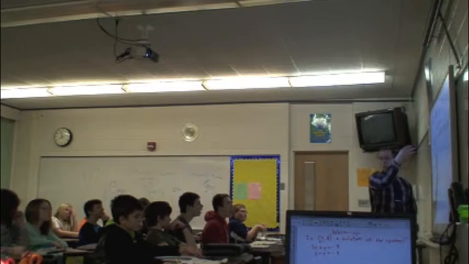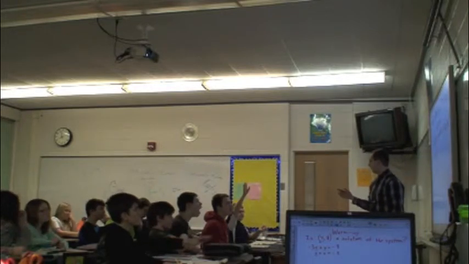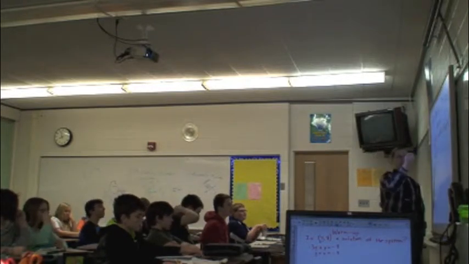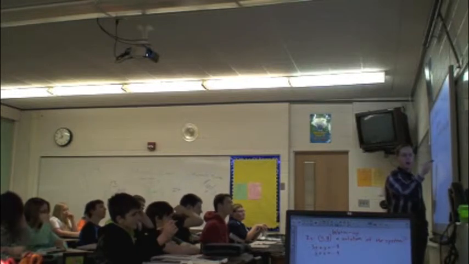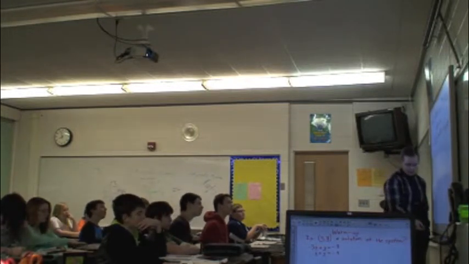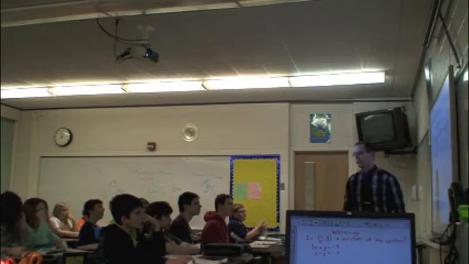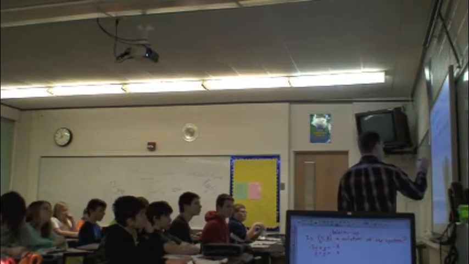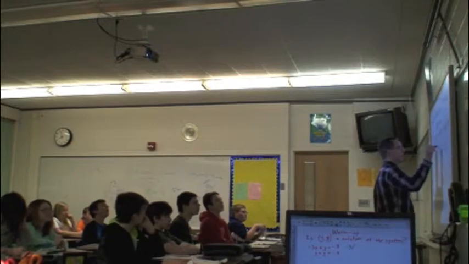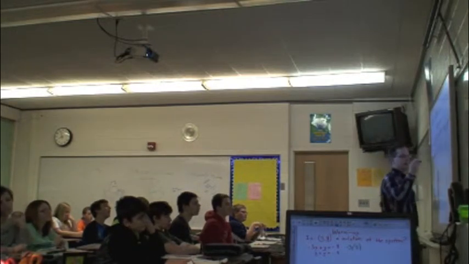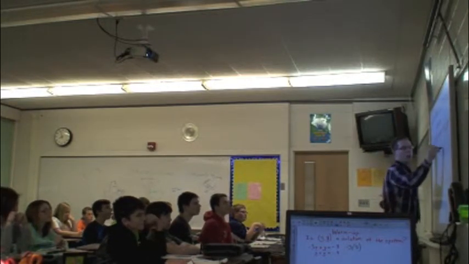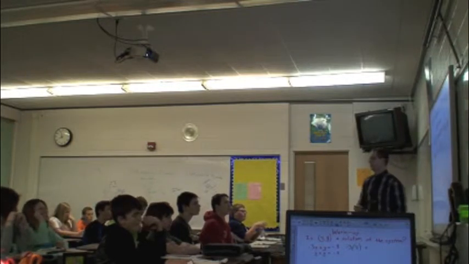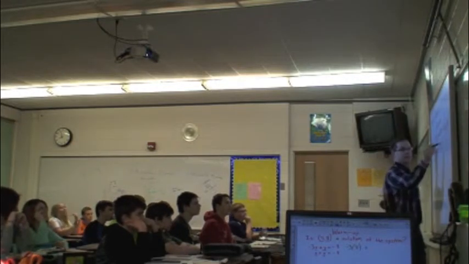Now, which other number is my y? JP? 8. So, 8 is my y, so I need to plug that into here. Now, if I plug those in, this would make negative 3 times 4, plus our y value, which is 8.